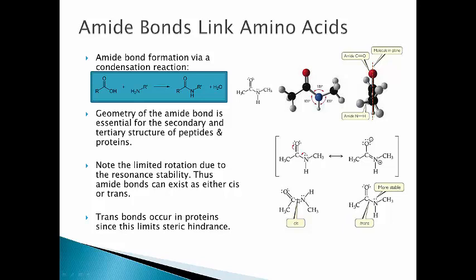So cis is when these CH3s are on the same side, and trans is when they're on opposite sides. So the reason we generally get the trans one is because of the steric hindrance around that molecule. So it's far more favourable for those CH3s to get as far away from each other as possible. So we get the trans conformation.